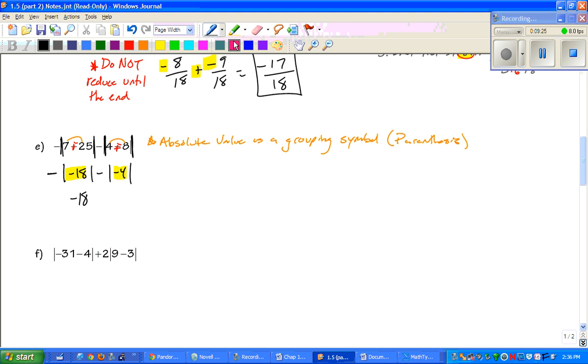And the reason it stays negative is because that negative sign's coming down. Okay, same thing. Negative sign, it goes down. So now all we have to do is add the opposite. They are the same sign, which means we keep the sign and add the numbers.